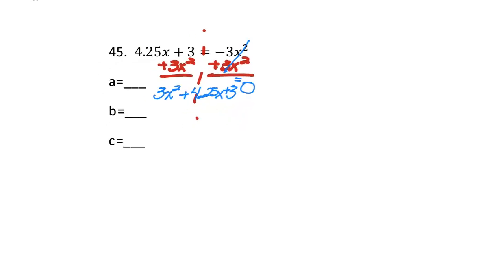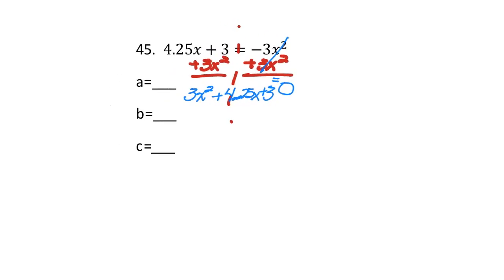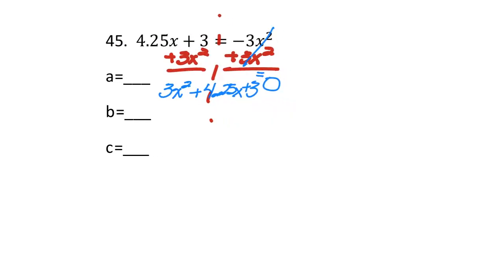So what is my A value, Amir? What is it? No. So it comes in the form ax squared plus bx plus c. So what's my A value if I said ax squared? 3. Not the x, just the 3, just the number. What is my B value, Antonio?